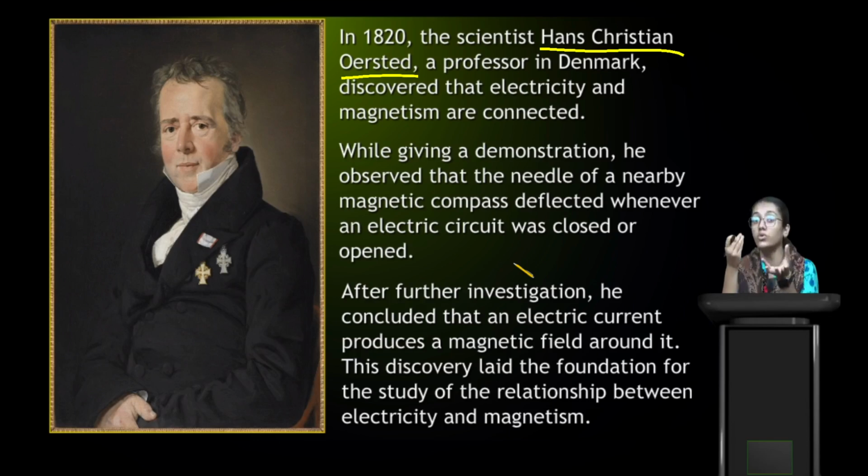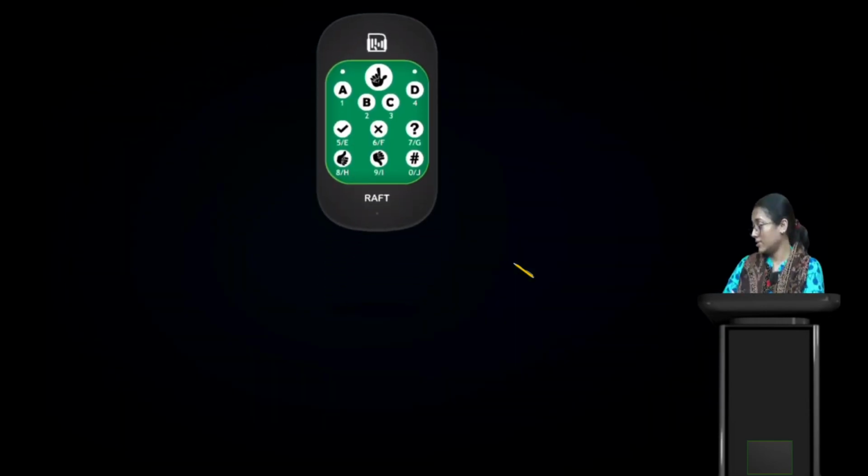Also, we can simply say that whenever the current is flowing, there is a magnetic field generated surrounding the electric wire, and due to that magnetic effect, the needle of the magnetic compass was deflecting from its original position. Clear? So his name was Hans Christian Ørsted.